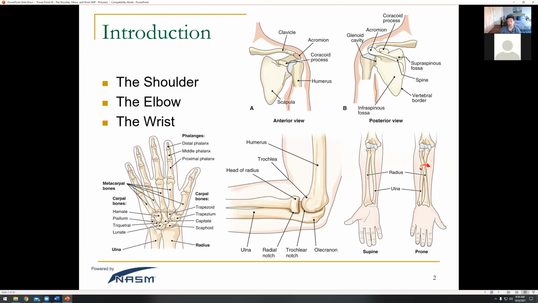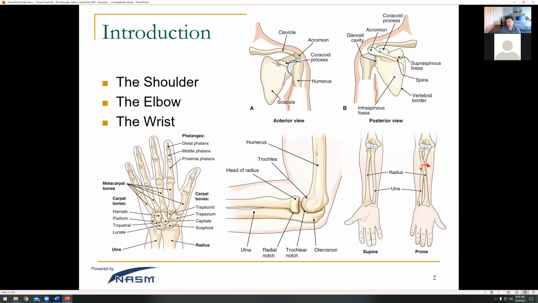So same arrangement here. So clavicle, that's collarbone, plus scapula, that's shoulder blade. That's the girdle. And then it is the base of support from which the shoulder joint, which is your humerus, your upper arm, is able to be a ball and socket. So we're going to be looking at that today.